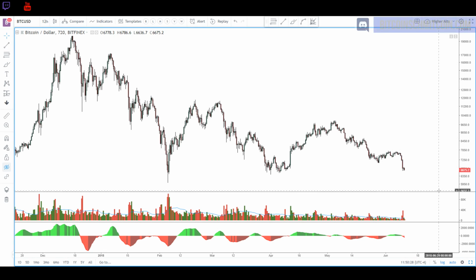Do you guys want to look at a potential accumulation trading range that matches this price structure, just for educational purposes? Yeah, let's go ahead and look at it. Let me see if I can find it.